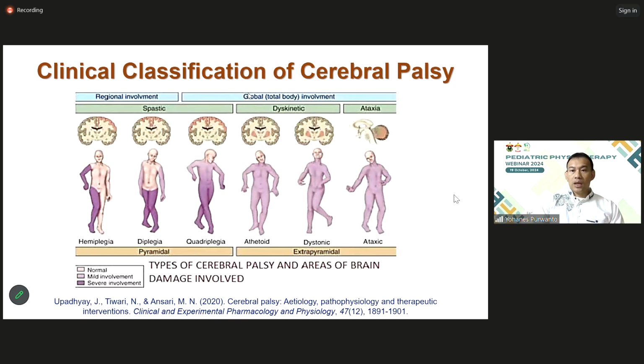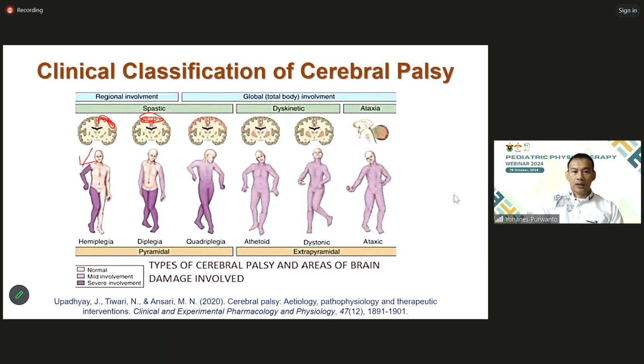So next we will talk about the clinical classification of cerebral palsy. We can see here in red the place of the lesion. A lesion on one side of the cortex becomes cerebral palsy spastic hemiplegia, and lesions on two sides of the superior cortex, left and right, become spastic diplegia.